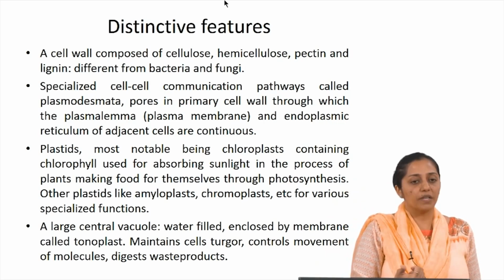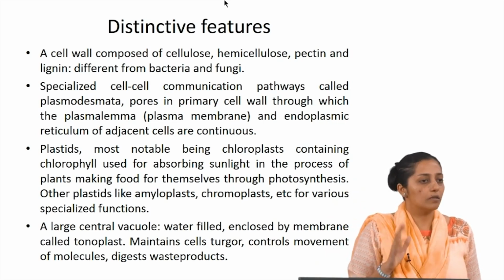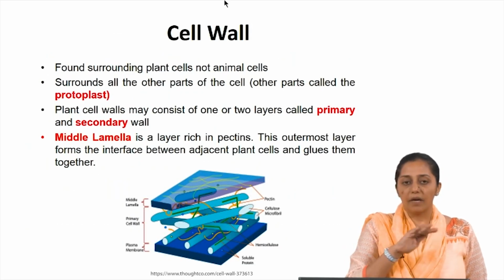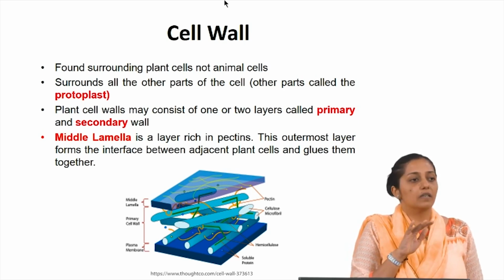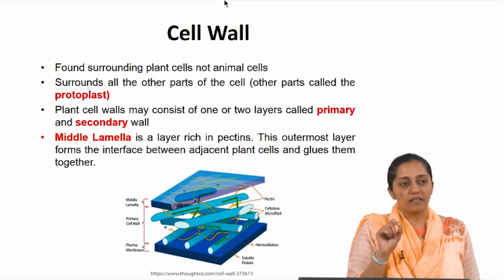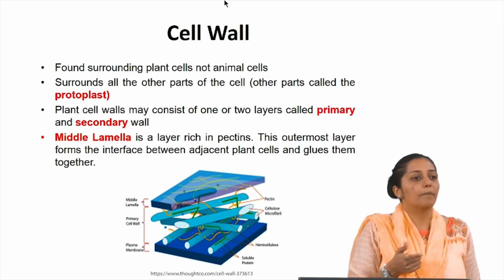So not only storage, but also a site of synthesis. So cell wall, middle lamella, that's above the primary cell wall, which is rich in pectins. Those yellow threads shown in the picture are pectins.